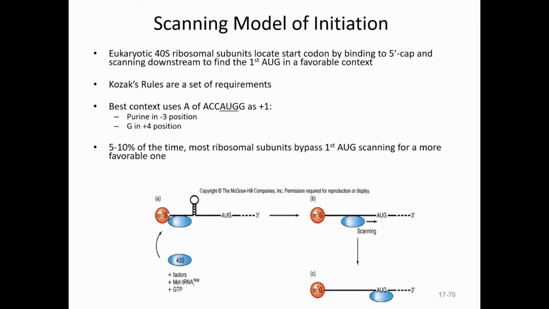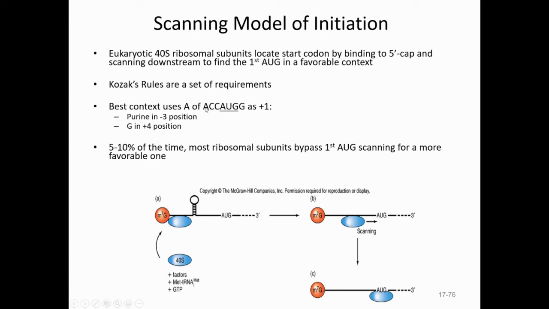After binding the cap, they scan downstream to find the first AUG in a favorable context. Here, the A of AUG is position +1, and there is a purine at -3, counting -1, -2, -3.